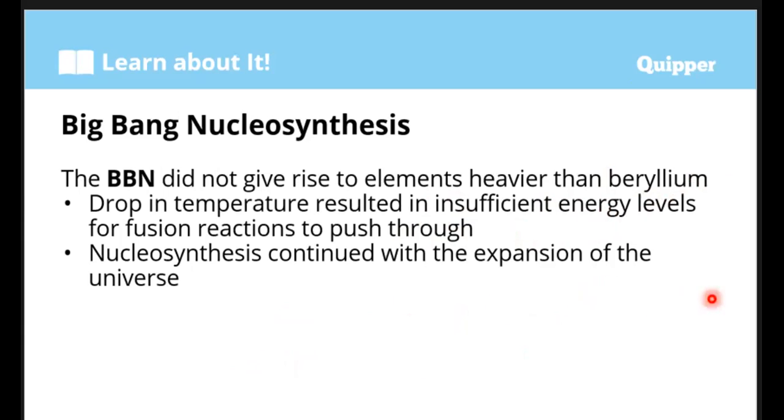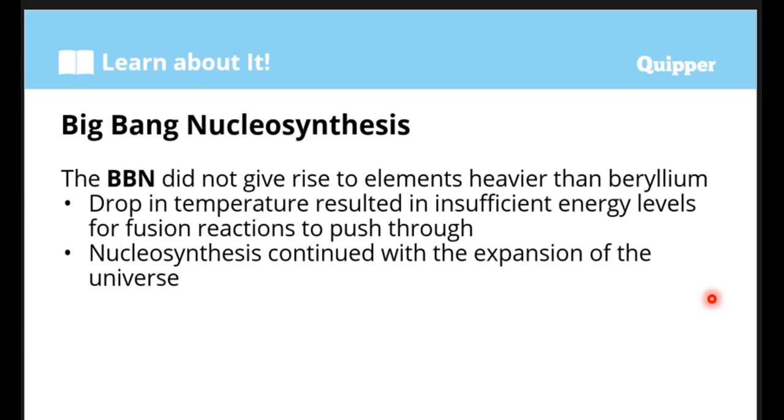Imagine how many hydrogen and helium, or how many protons and neutrons, are scattered in the universe, and they are being combined with each other, forming many hydrogens, many deuteriums, many tritiums, many helium-3 and helium-4, forming lithium-7 and beryllium-7 in the universe.